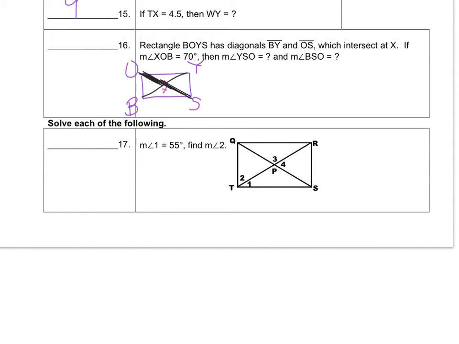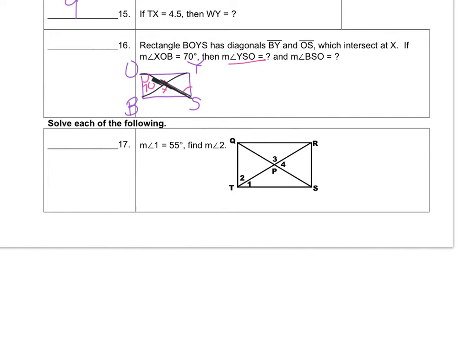Okay, if half of that is 70, then you're looking for a couple things. You're looking for YSO, from Y to S to O, which is this angle right here. First of all, those two angles are alternate interior angles, so they're going to be equal.